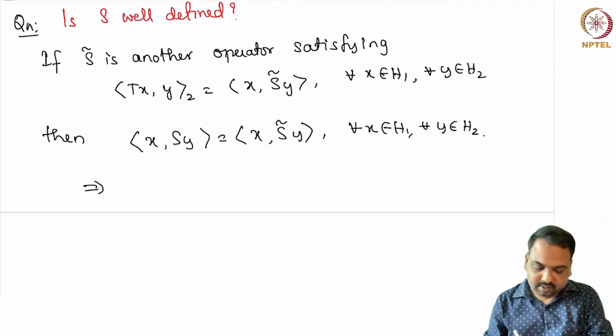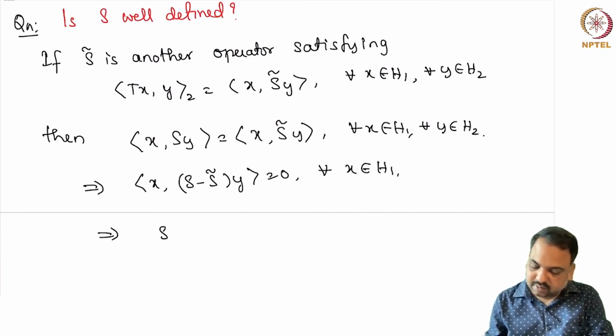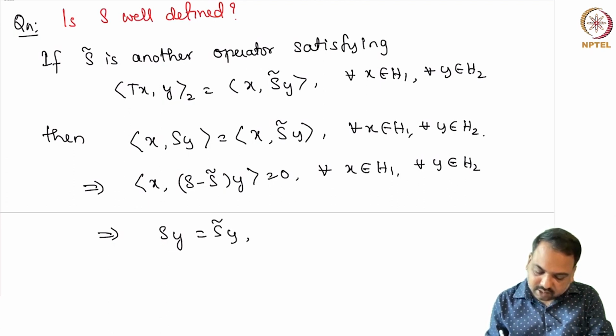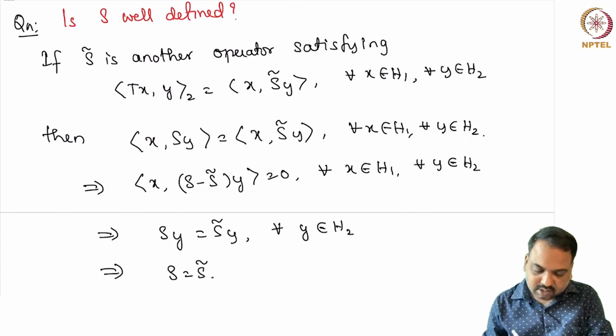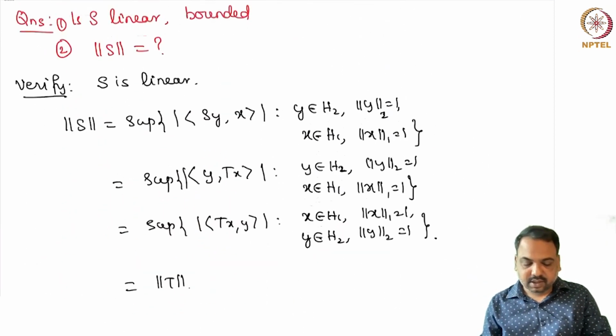From this we can conclude that the inner product of x with (S minus S tilde)y is 0 for every x in H1 and every y in H2. This implies Sy equals S tilde y for every y in H2, so S equals S tilde. That means the map is well defined and such a map is unique.